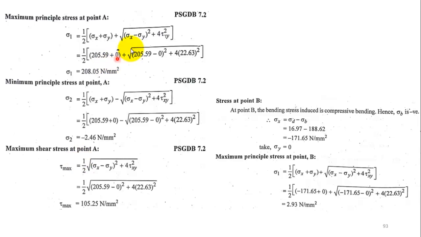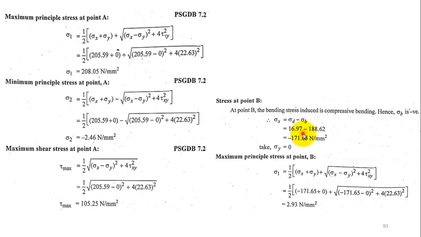Same procedure, but instead of using the values that you found for point A, you have to use this sigma x for point B. For point B, this value of minus 171.65 you have to use for sigma x. For shear stress, it is the same. Shear stress acting at point B, you have to use tau xy. That will be the same. It will not change for any point.